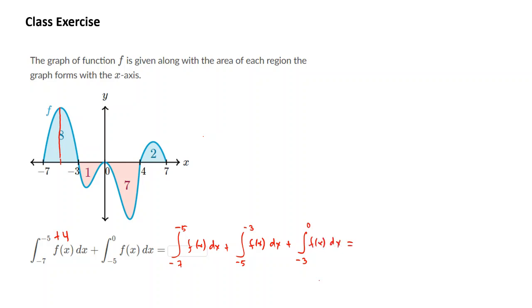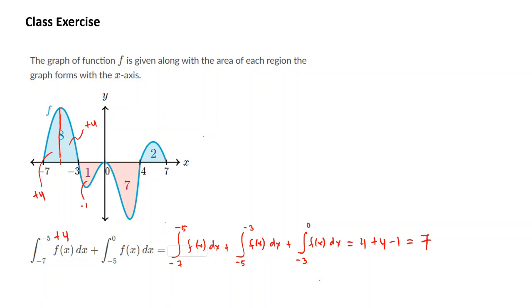Then I can see it from the graph. This term is plus 4, and this one is, because it is under the x-axis, minus 1, so I can solve this as follows. It's 4 plus 4 minus 1 equal to 7.